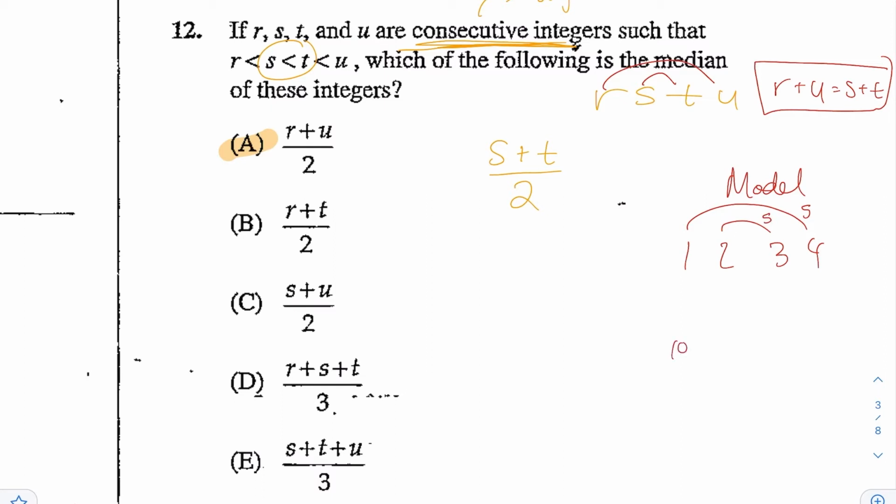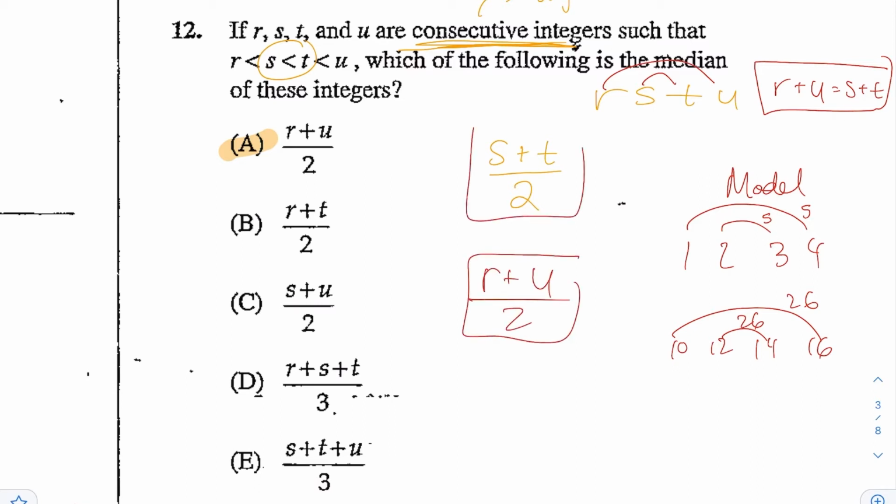Or even count by 2s, you can start at a random number here. 10 plus 16 is 26. 12 plus 14 is also 26. So you can have r plus u divided by 2 as well. They're equal. So the answer would be choice A. You can also plug in and model this question using smaller numbers to get the same result.